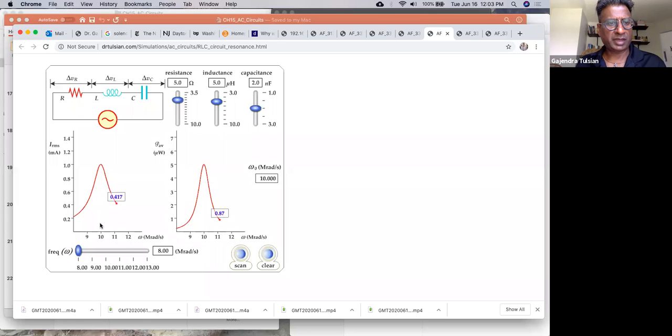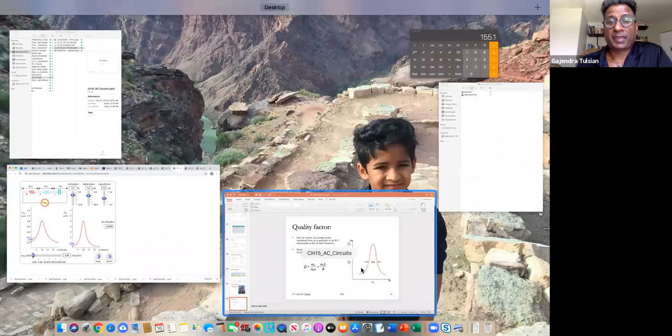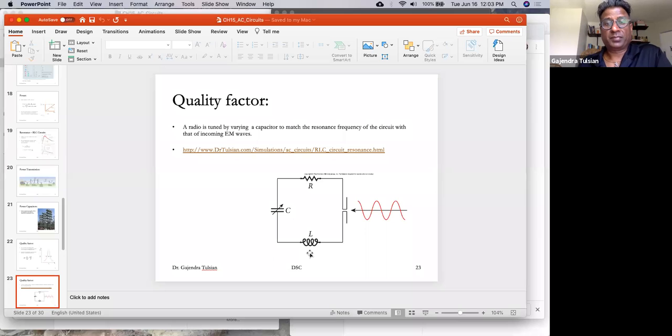For that frequency, the current was maximum. That was the resonant frequency, and you see the power delivered has that peak. There's the 2.5, that's the width at half maximum, and you can calculate the quality factor. For a tuning circuit, you want this peak to be as sharp as possible. So that's the quality factor.